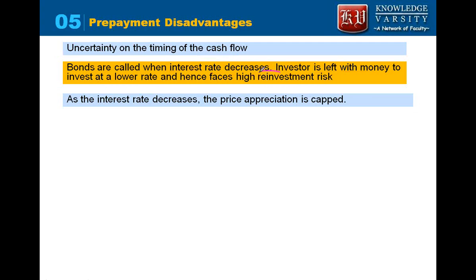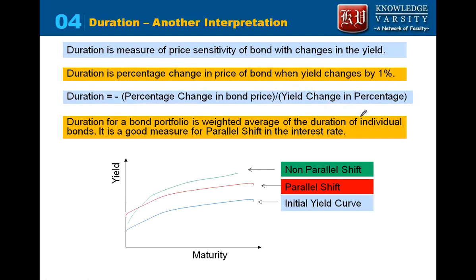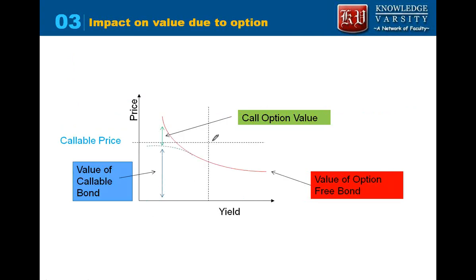We'll see what this reinvestment risk is in the next slide. Also, in the case of a callable bond, when the interest rate decreases, the price appreciation is capped. So you are not getting the price appreciation which you should have got. Let's see this diagram. If the bond did not have any callable option, that is, it was a straight bond, the price would have become this much when the interest rate has been this.